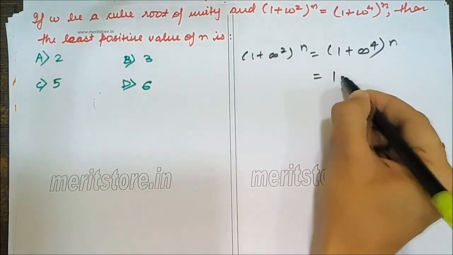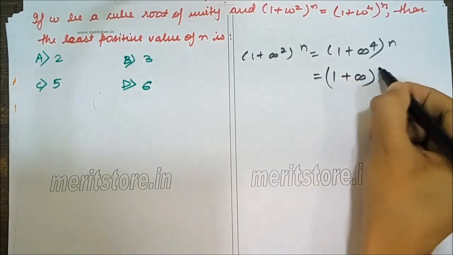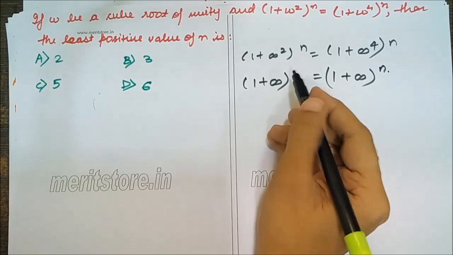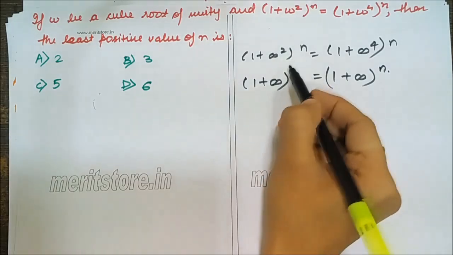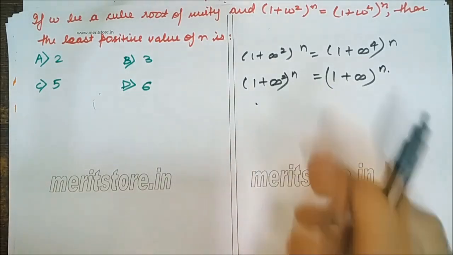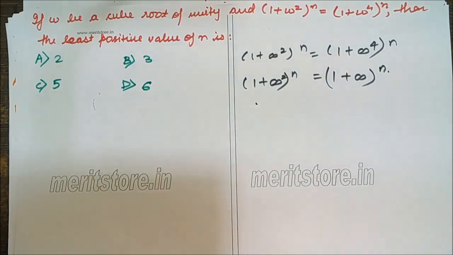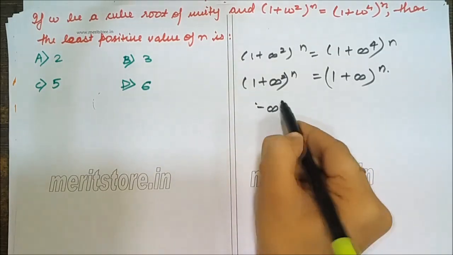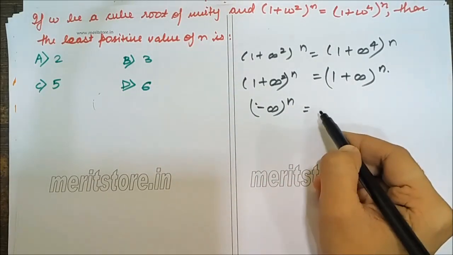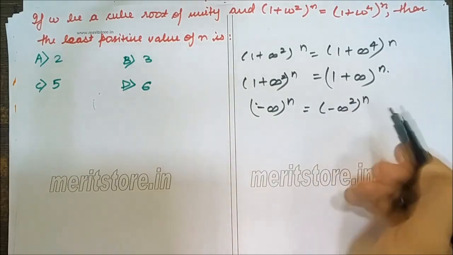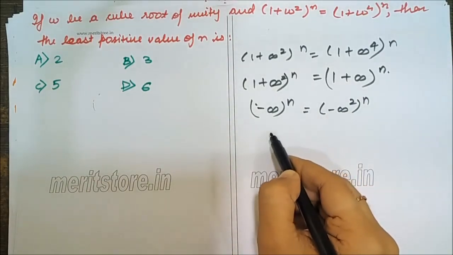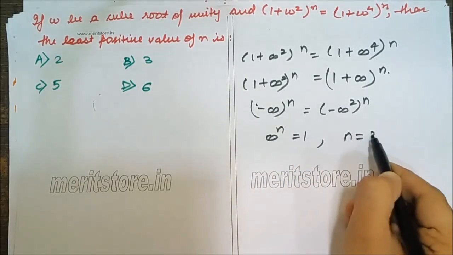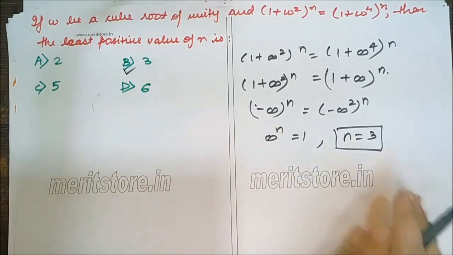So here this is nothing but 1 plus omega raised to 4n, and here I am writing 1 plus omega square raised to n. So this is nothing but minus omega raised to n equal to minus omega square raised to n. So this omega to the n is equal to 1. Here n is equal to 3.